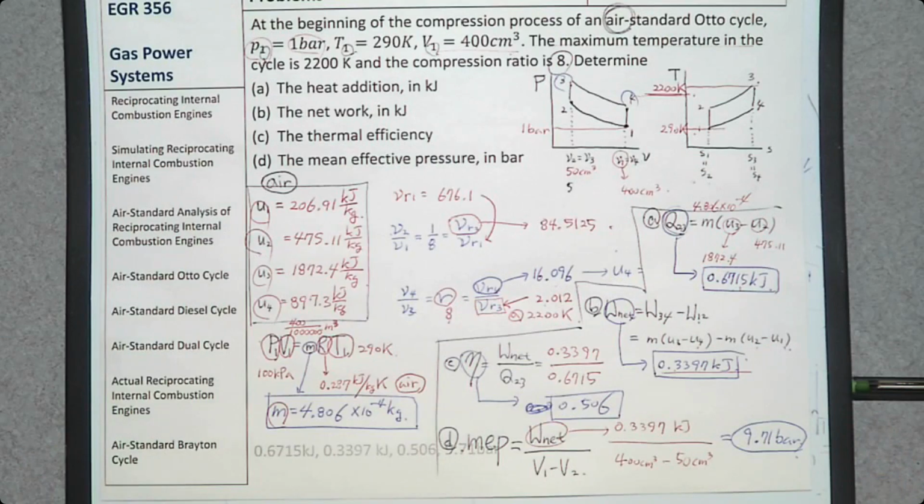Yes. Oh, that should be meters cube. And also, when you calculate that you get kilopascal, you need to do a unit conversion here and there. You don't have to calculate this one in bar. You can say 971 kilopascal.